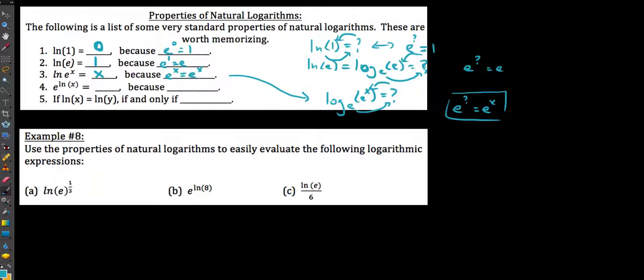Now, what is true if I take an exponential thing base e and raise it to the power of a logarithmic thing base e? These two bases on the log and on the base of the exponential expression are matched. So if I were to take this out over here, we say e to the ln of x equals what? I'm going to rewrite this as e to the log base e of x equals what?